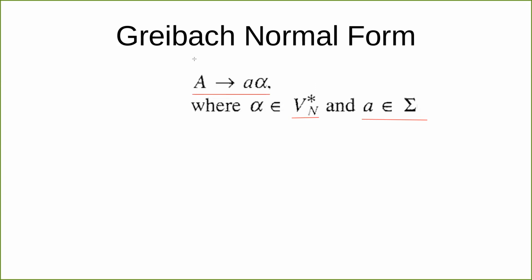For a given grammar, if each and every production is in this particular format, then we say that the given grammar is in GNF. If it is not, then the given grammar is not in GNF.